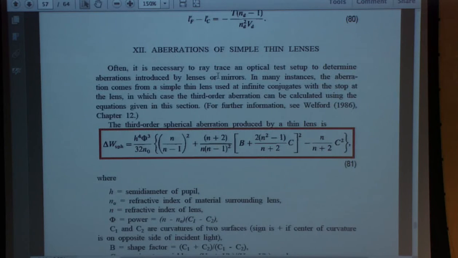I won't say much about this section, but the one thing maybe I should mention, say I have a plano-convex lens, and I'm using it to bring a collimated beam down to focus. Should the collimated beam be incident on the plano side or on the convex side? Or doesn't it make any difference?